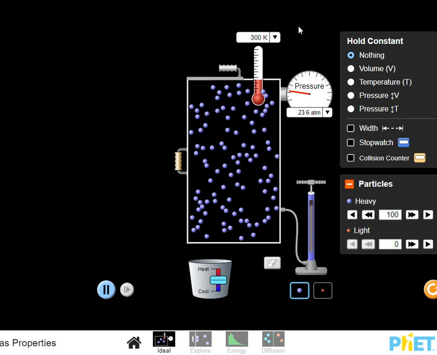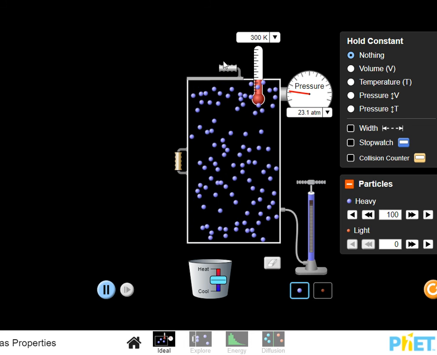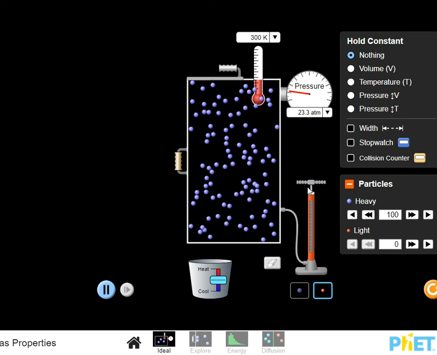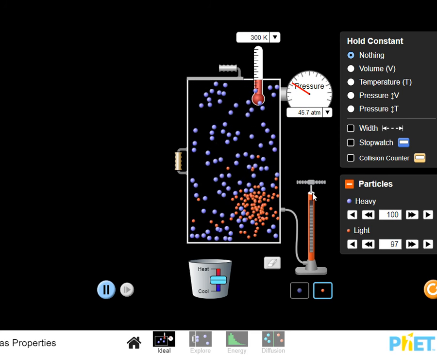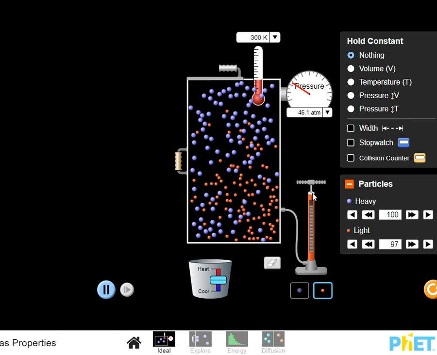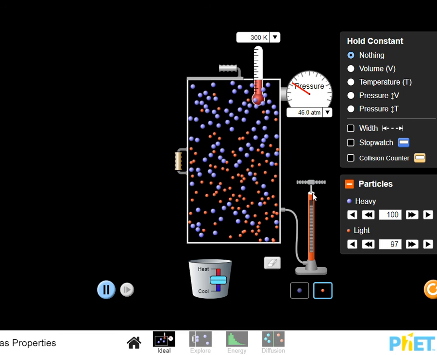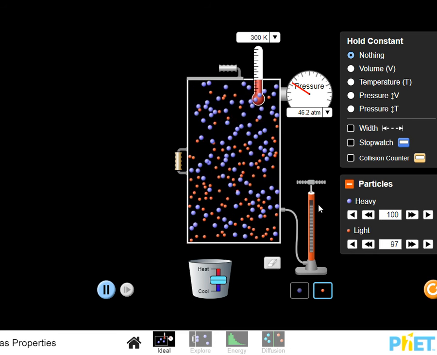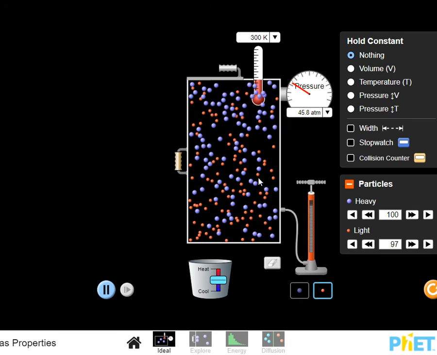Then it says pump in some lighter particles and talk about similarities and differences that you see between the heavy and light particles. Okay, so we want to switch to the lighter particles and we'll do 2 pumps too. What do you notice? Looks like they're smaller. It does look like they're moving a little faster.